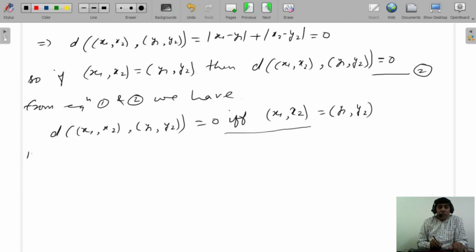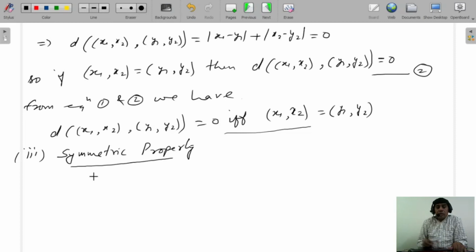Now the third property, symmetric property. Let d((x1, x2), (y1, y2)).